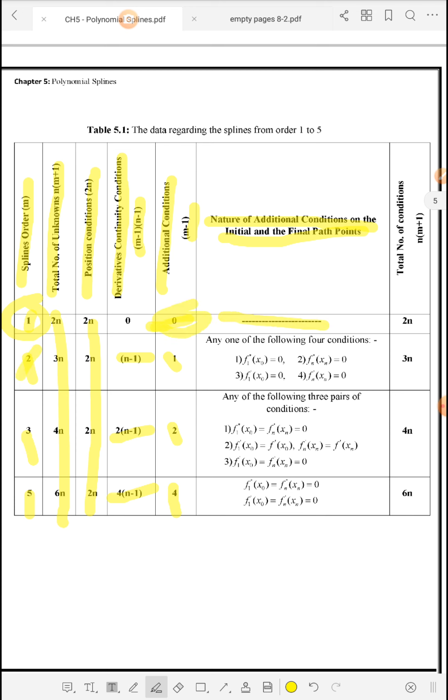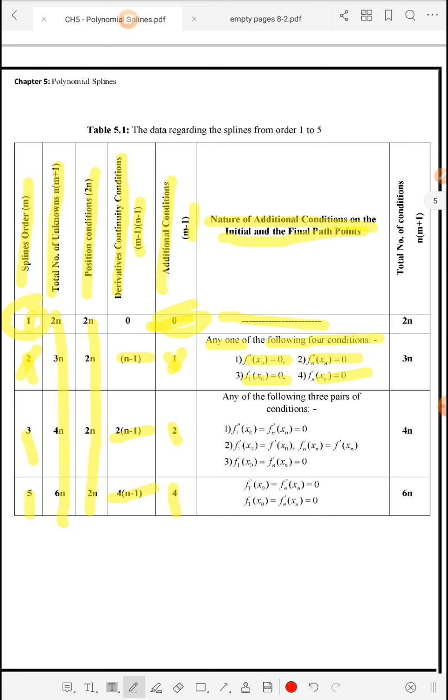In the second order spline we have 1. So it's written here that we can add only one condition of the following 4 conditions: the second derivative equals 0 at x0, the second derivative at xn is equal to 0, or the first derivative at x0 is equal to 0, or the first derivative at xn is equal to 0. So we can add any one of those.